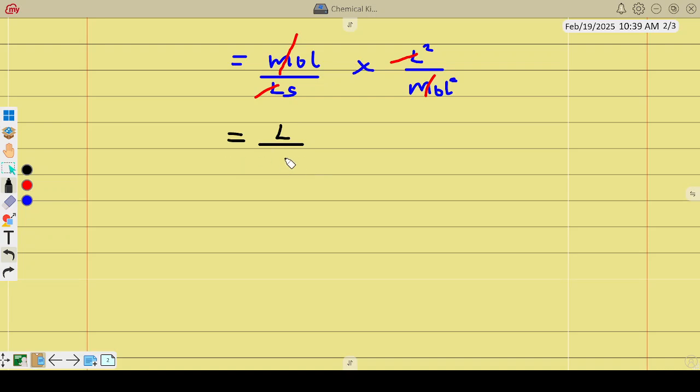Actually, this video will go up to 6 hours. Those who hate me, they'll hate me. You can only come and say thank you, or you can come and say thank you after passing. So we have more liter. Here we have only 1 liter remaining, and then here we are remaining with only 1 mole, and then the second. So these are the units.